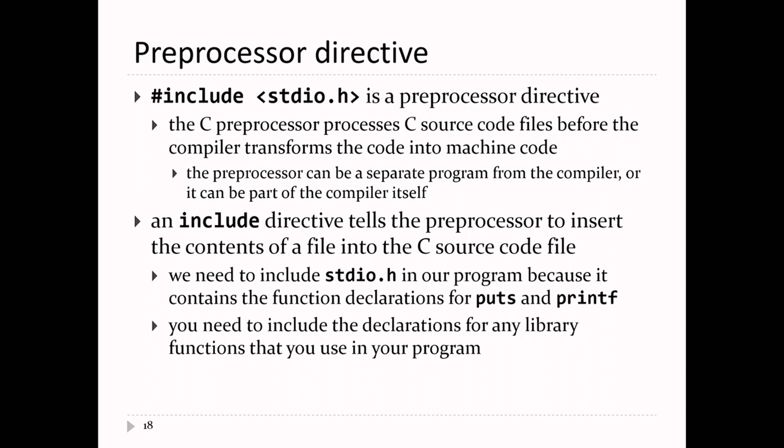You use double quotes there, not angle brackets. The reason for the distinction is that the compiler knows where the standard library header files are. They're not stored in your local directory; they're stored somewhere on your file system, and the compiler knows where those are stored on your particular file system.